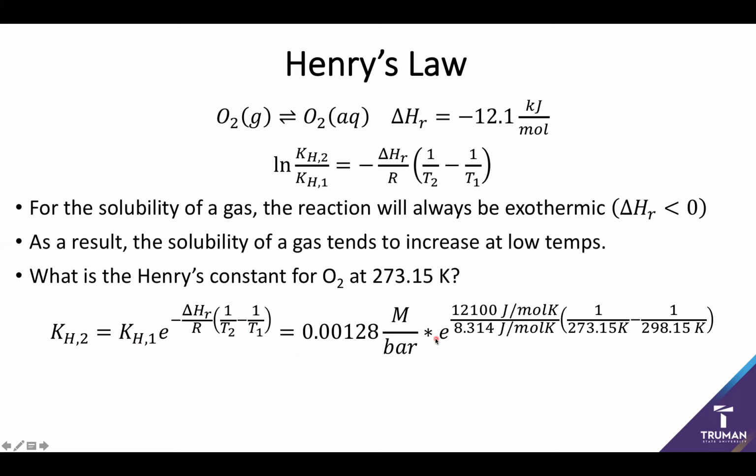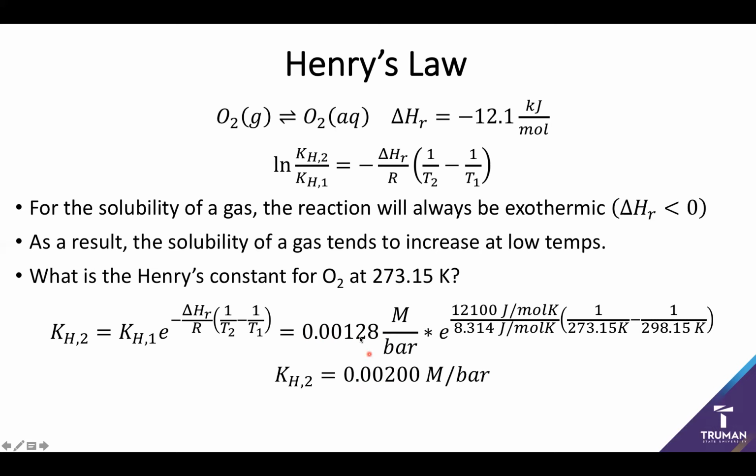We plug in all of these values and we get lucky here because enthalpy is negative, which cancels out the negative here. Then we just plug in old temperature, new temperature, remembering your enthalpy. If our original Henry's constant, which we determined previously, was 0.00128 molar per bar, our new Henry's constant is 0.002.